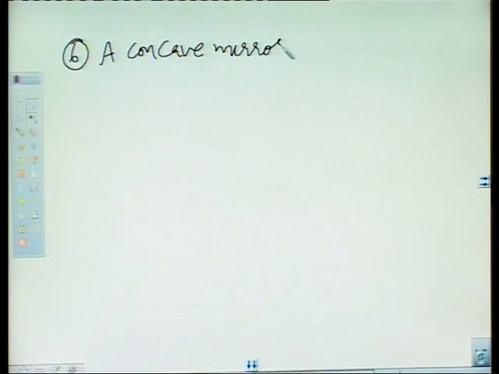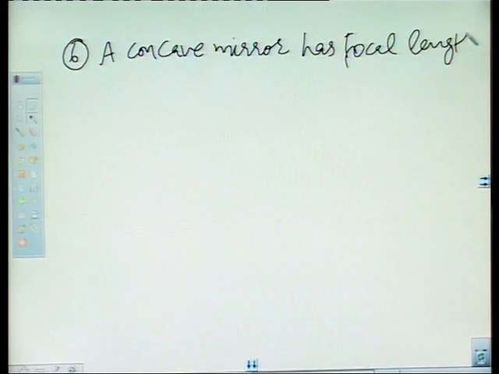Now the next question is, a concave mirror has focal length 50 centimeter.